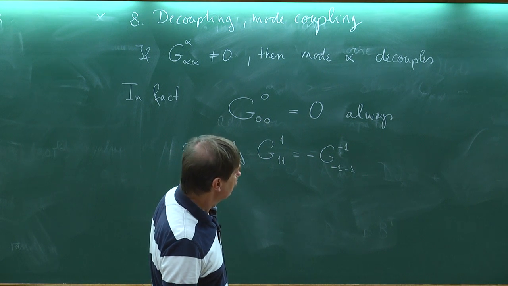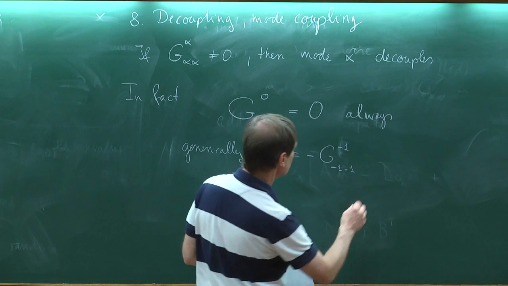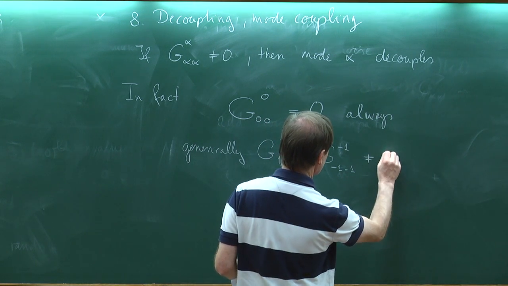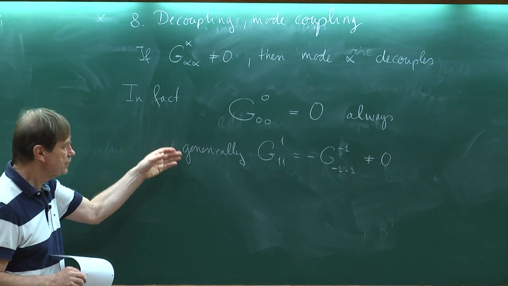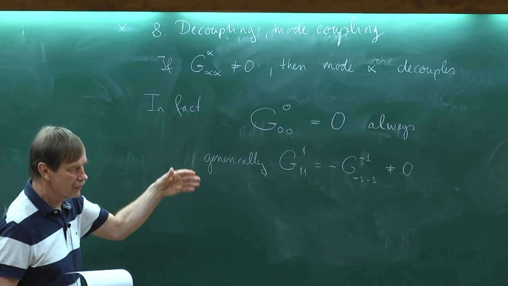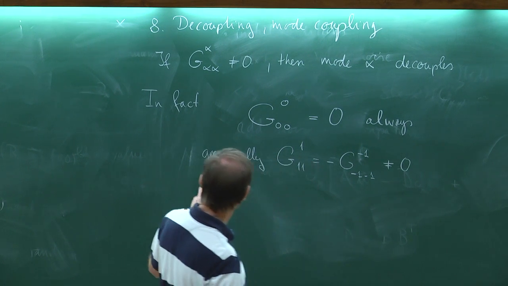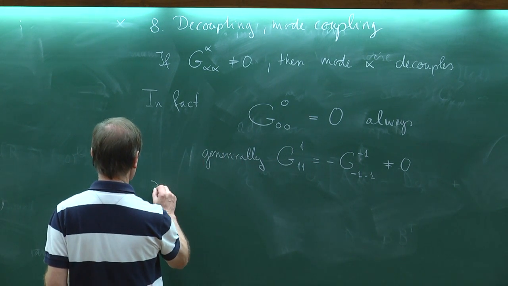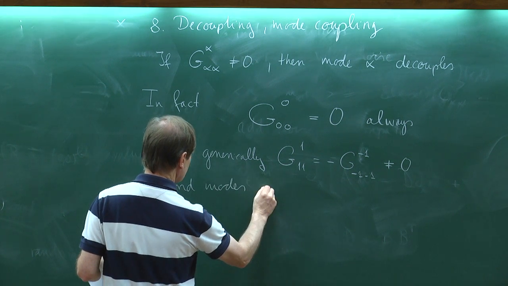So I just always go along the order of the eigenvalues. Okay, so this in general will be different from zero. Generically, I mean, there are cases where it's actually zero, but that's an exceptional situation. So this means what we can do is sound modes decouple.